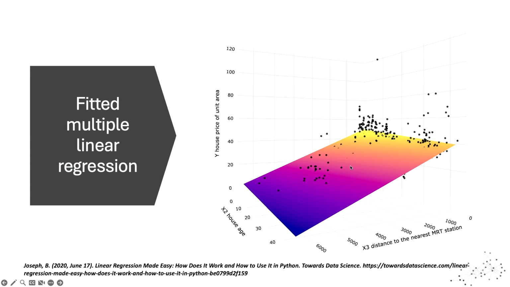And house age, even though it increases, if the house is close to the mass transport stations, the price is also high. But for some houses, as house age increases and the distance is also far, the house price decreases.